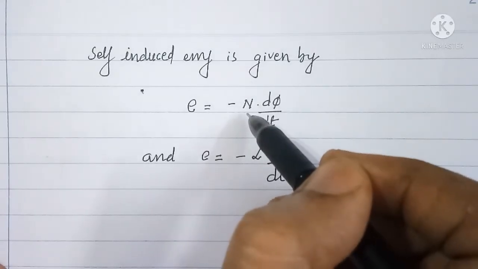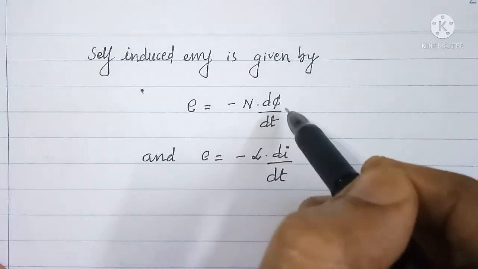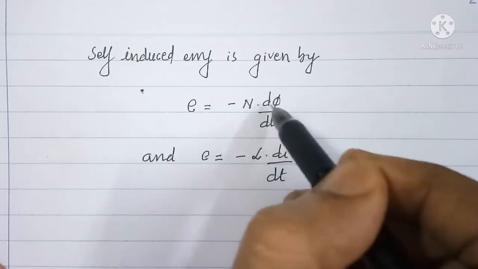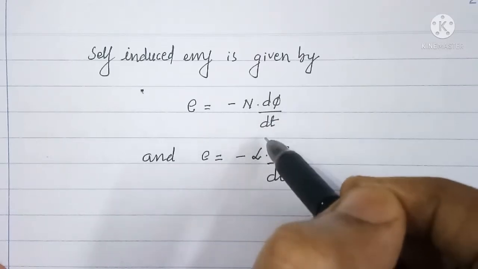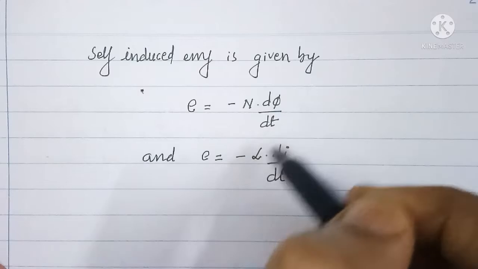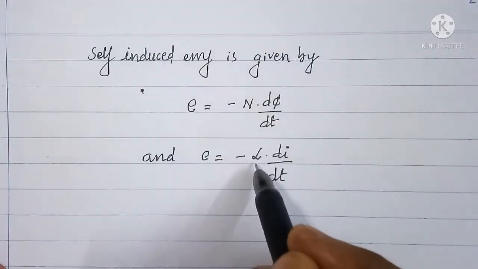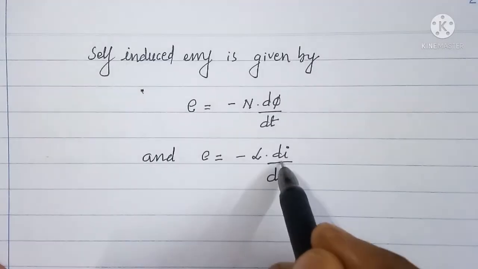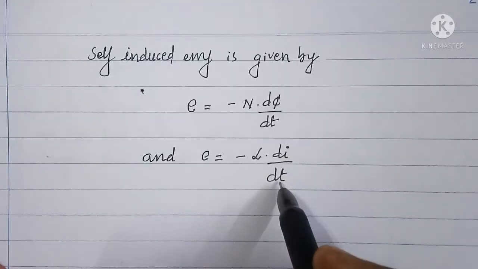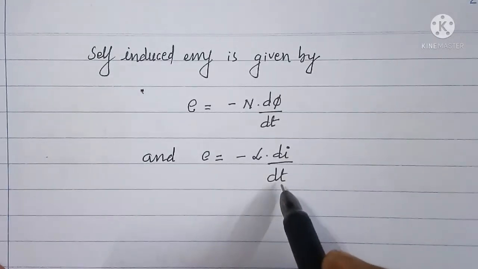Here N is number of turns in the coil and d phi by dt is rate of change of flux that is linking with the coil. And in this expression for self-induced EMF, L is the inductance of the coil and di by dt is rate of change of current flowing through the coil.